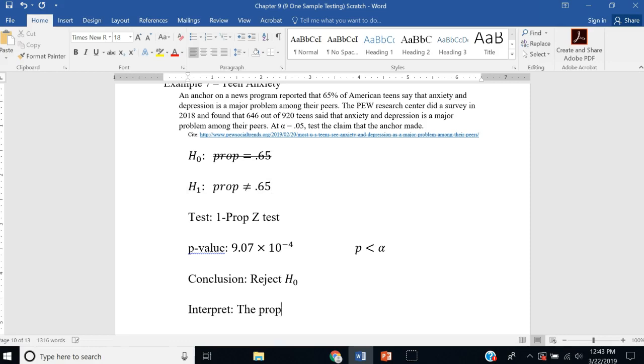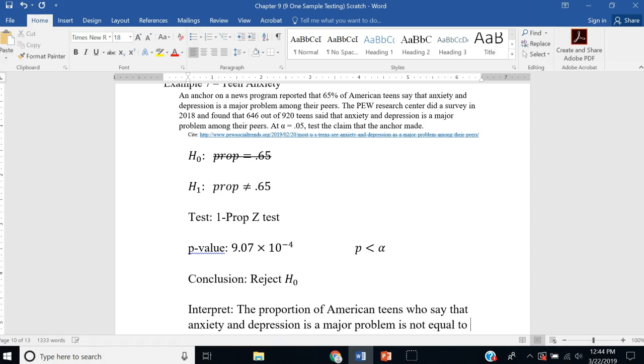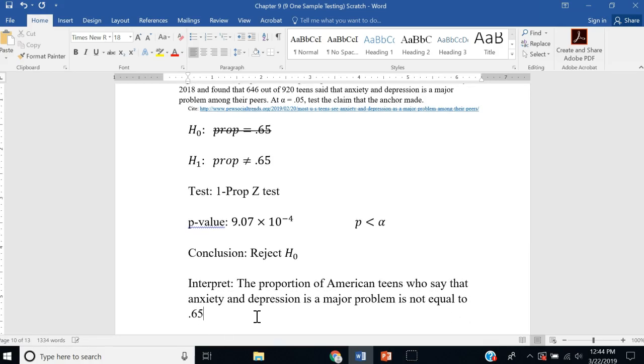The proportion of American teens who say that anxiety and depression is not equal to 0.65.